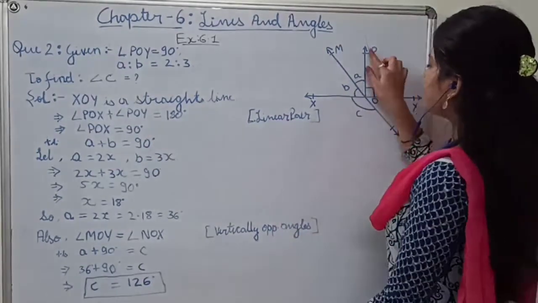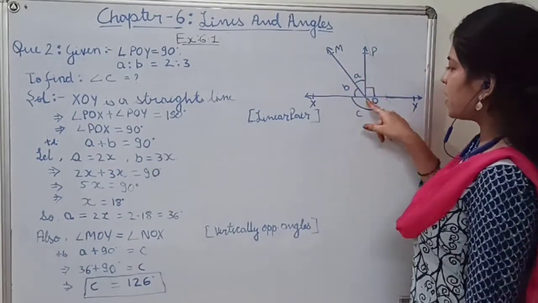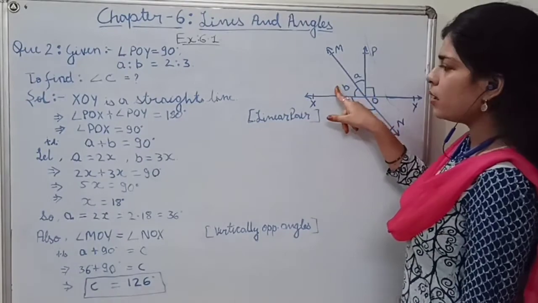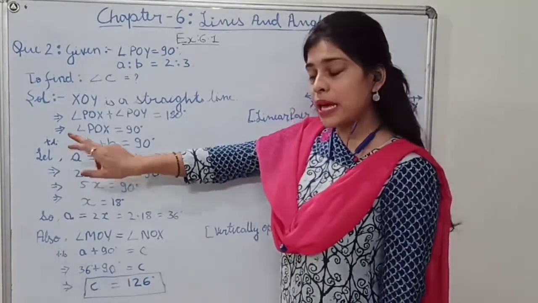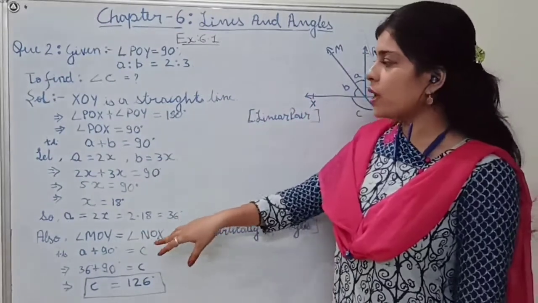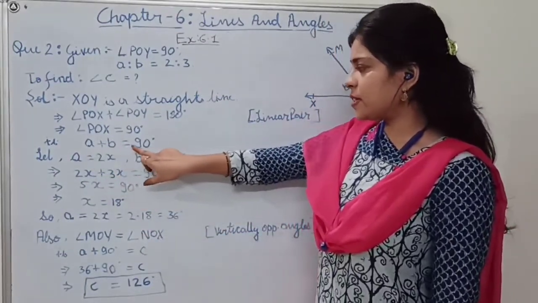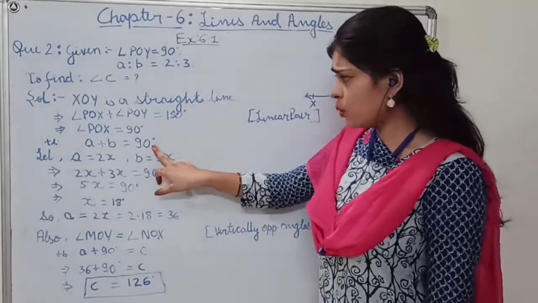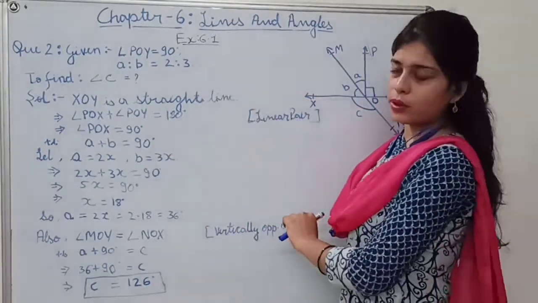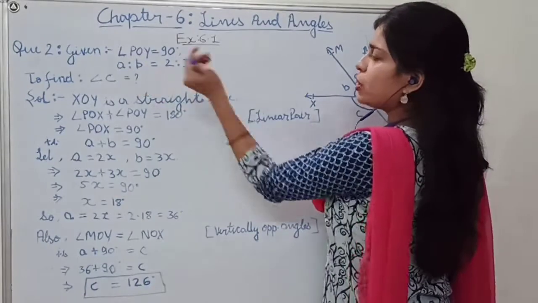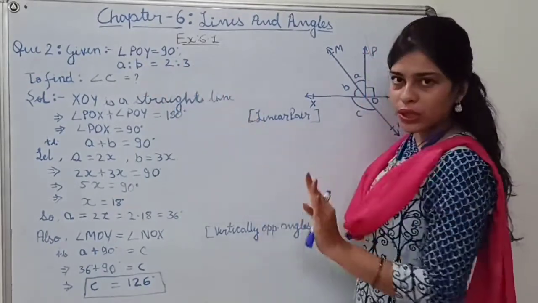This POX is the sum of angle A and angle B. So the sum of the actual measures of angle A and angle B is 90 degrees. But we are given ratios, which means the actual values of A and B are not given.